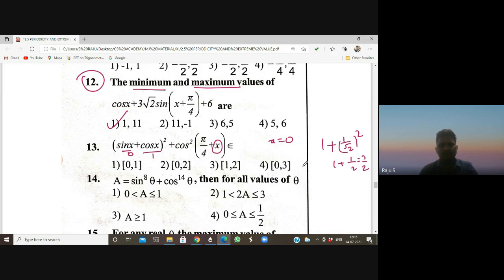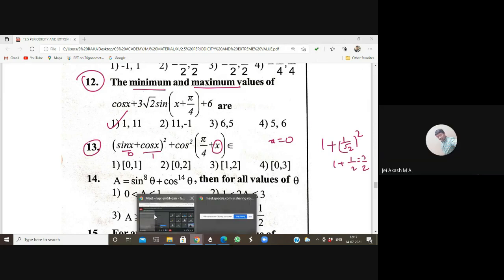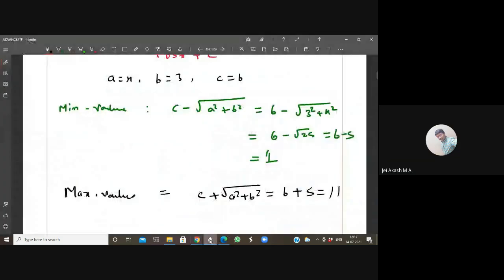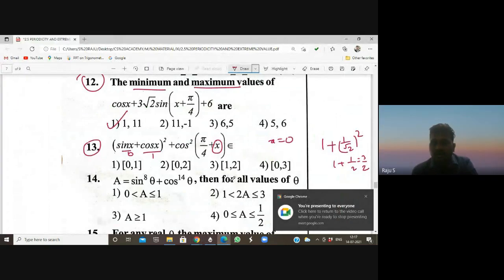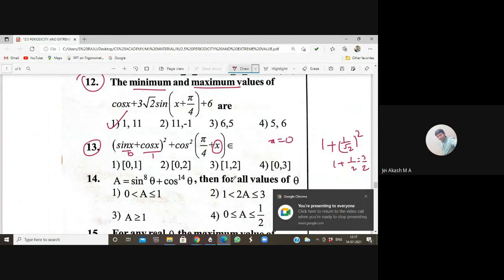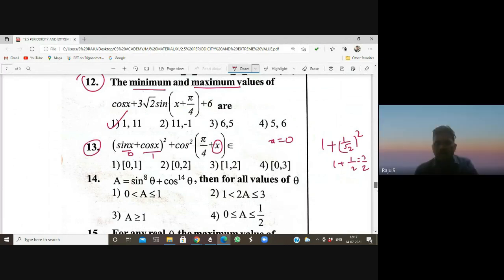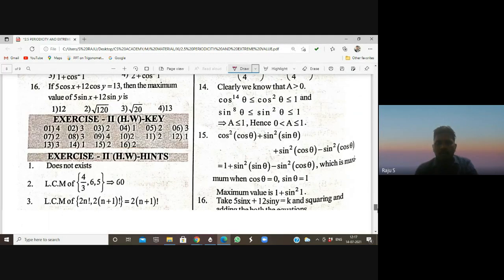Okay. Clear, students? Yeah, Suresh sir is calling me. Yeah, you can try this question. Question number 13. Sir, can you show the solution of class question 12, sir? Okay, 13.